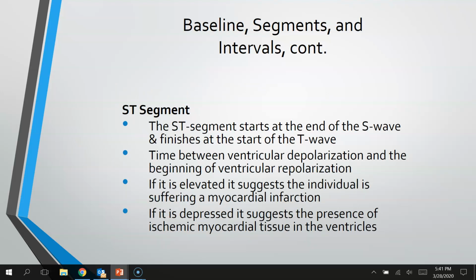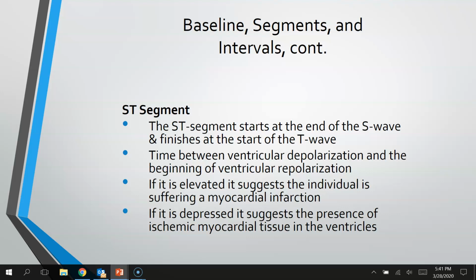The ST segment is at the end of the S wave and finishes at the start of the T wave. This is going to be the time between ventricular depolarization and the beginning of ventricular repolarization.